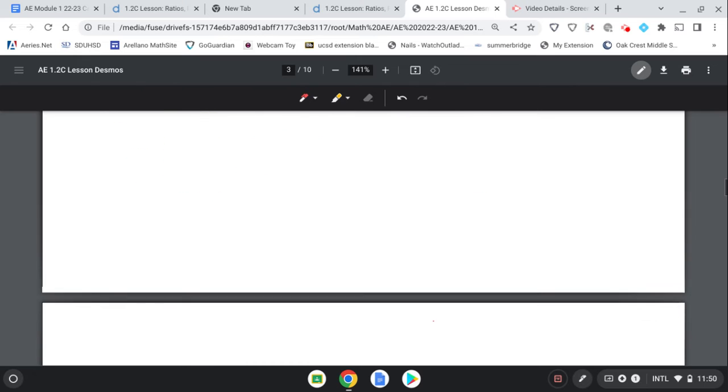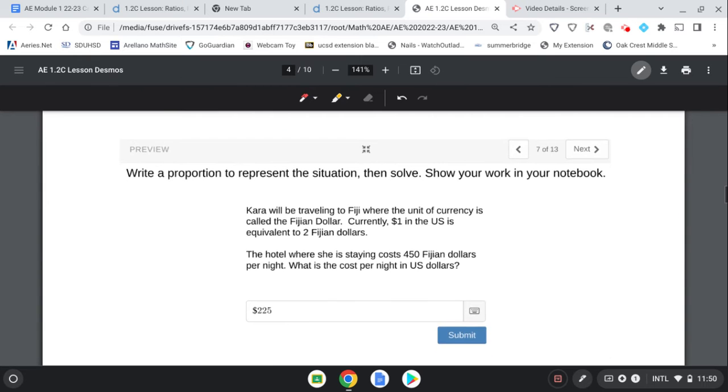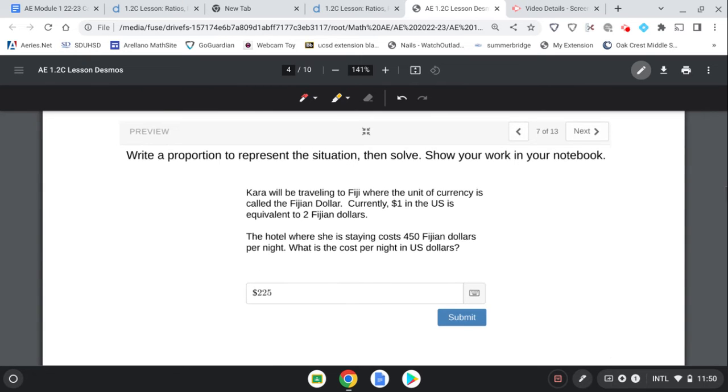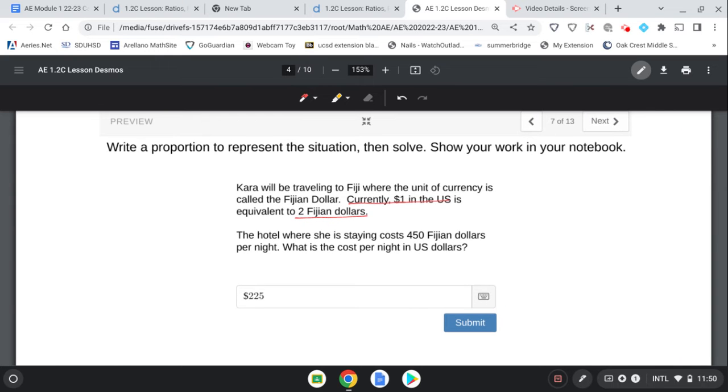Okay, in slide 7, it says that Kara will be traveling to Fiji again, where the unit of currency is called the Fijian dollar. Currently, $1 is equivalent to 2 Fijian dollars. So we're going to set that up using a proportion.